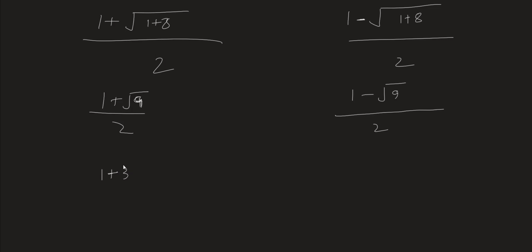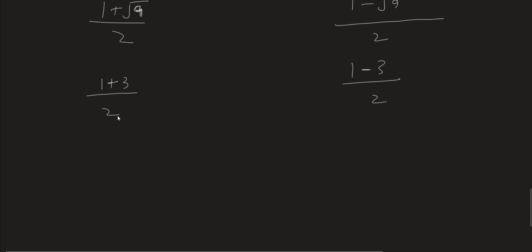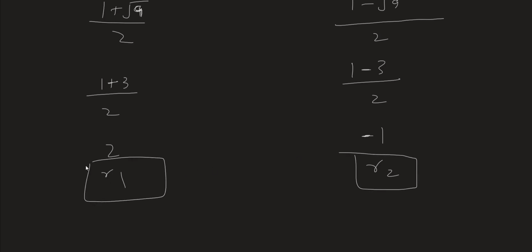Since the square root of 9 is 3, this will be 1 plus 3 by 2 and 1 minus 3 by 2. So this one will be equal to 4 by 2, which is 2, and this one will be equal to minus 2 by 2, which is minus 1. So this is r1 and this is r2. So we have r1, we have r2.